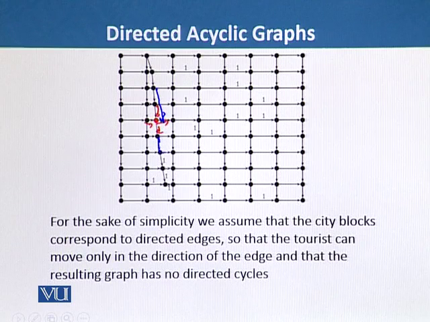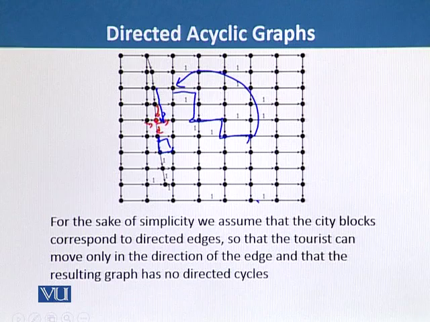It means there is no cyclic way; it moves in one direction only. So the tourist will not come back, because this is an acyclic graph. If this were a cyclic graph, then the tourist might visit one attraction many times.